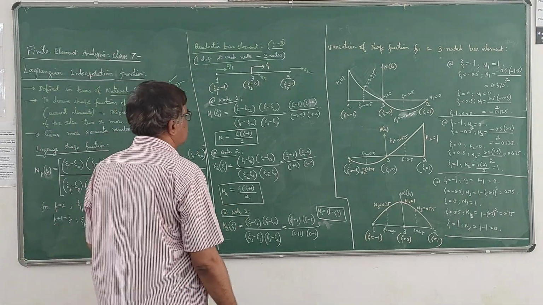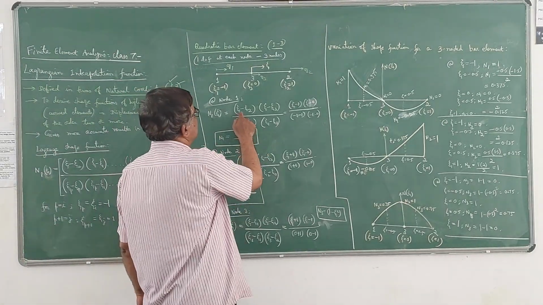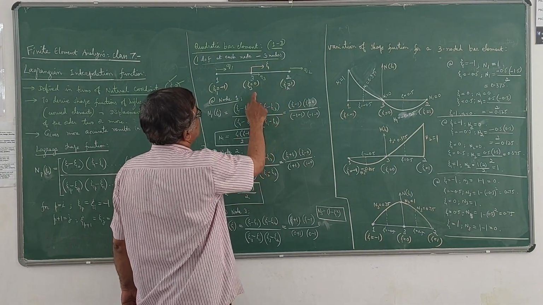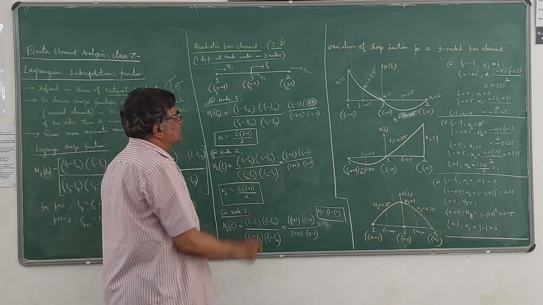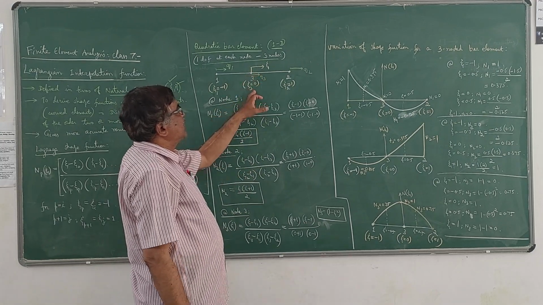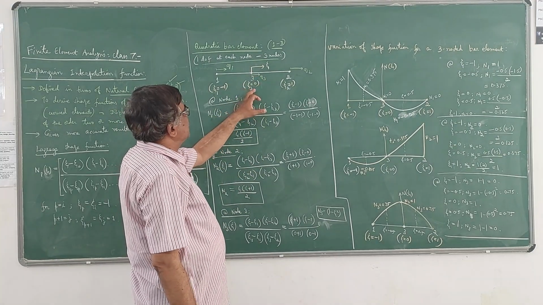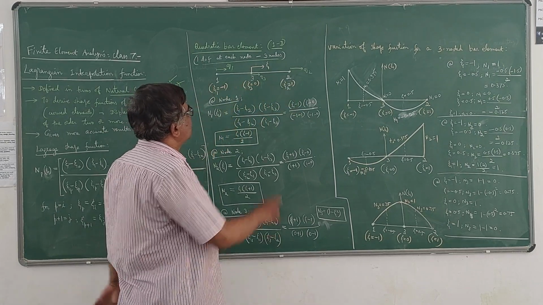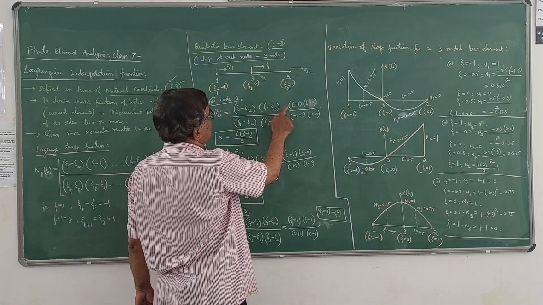Then later on we have to substitute the values. In the numerator, you see zeta 2 is 1 here. Here it is 0, because at the center I have taken the third node, and the zeta value at the center will be 0. Here it is +1, here it is -1. So you substitute those values.